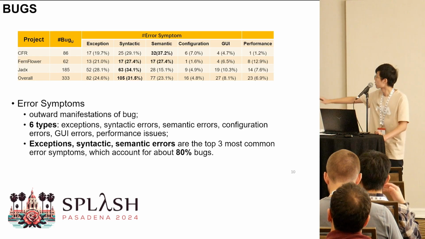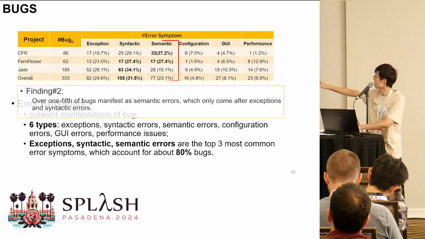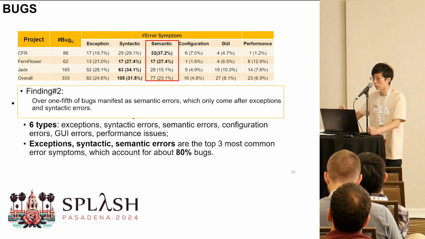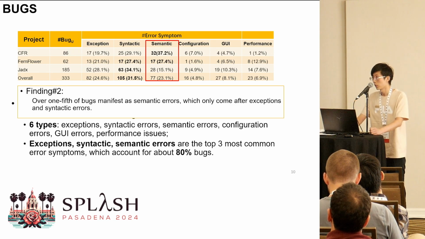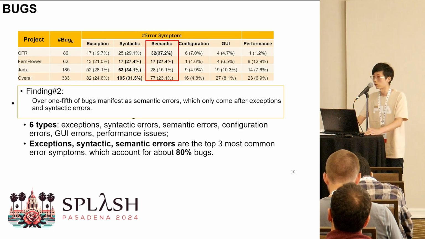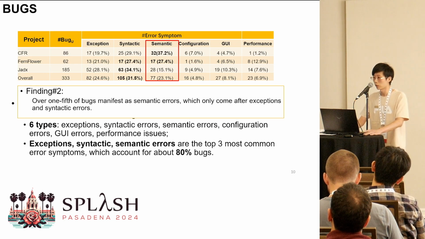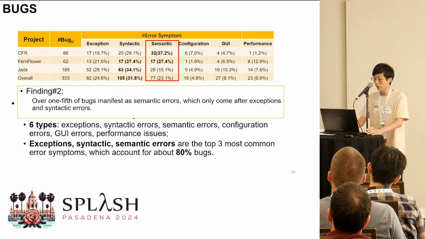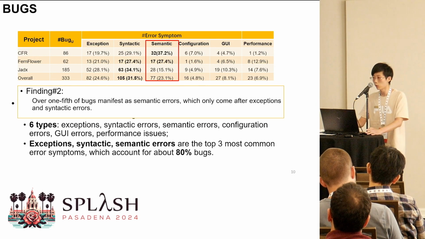Here we can have a look at the semantic errors, which account for over 20% of the bugs. Why do we pay special attention to these semantic errors? Because semantic errors are quite dangerous, and if we don't have the source code, it is difficult to review these bugs. Suppose there's an industrial app that is malware, and we don't have its source code, but the Java decompiler generates incorrect code and indicates that it is a good one.